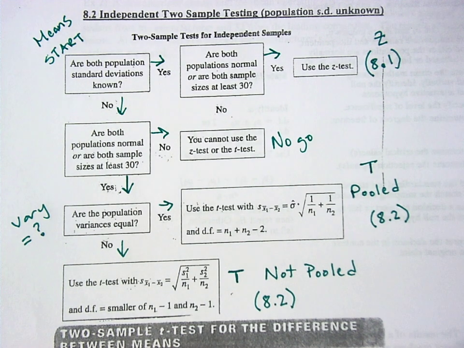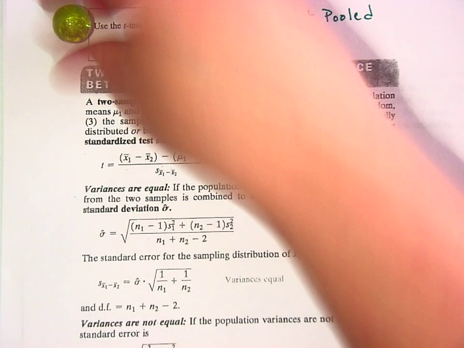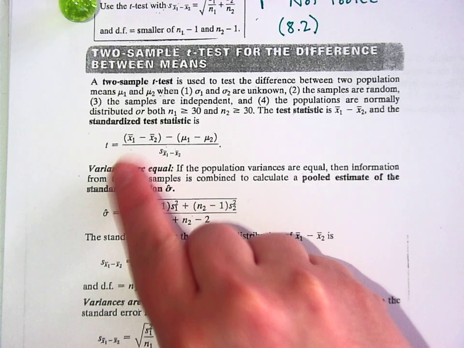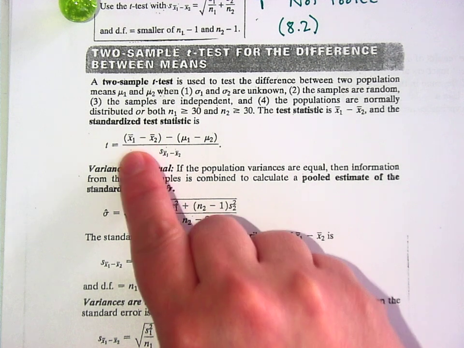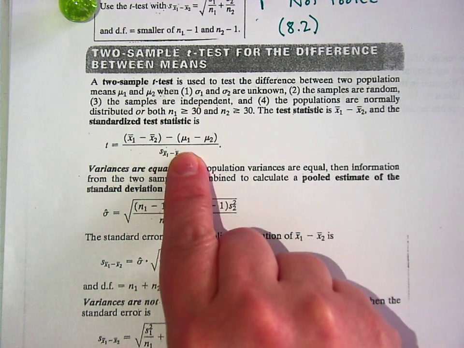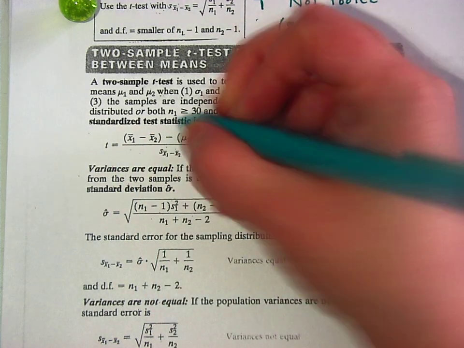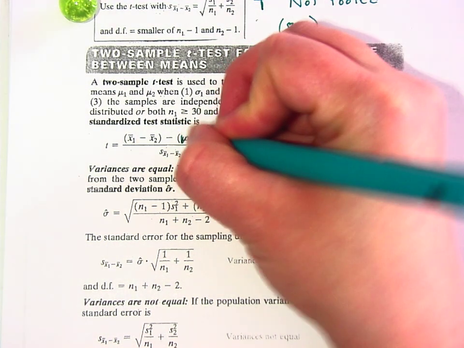All right. Now, this is super gross, all of this stuff. Let me try to explain this to you. So this is the top part of the formula you're going to use. Do you remember this from before, that x bar 1 minus x bar 2 minus mu 1 minus mu 2? Do you remember that this stuff was always 0 up here? It's still 0, okay?